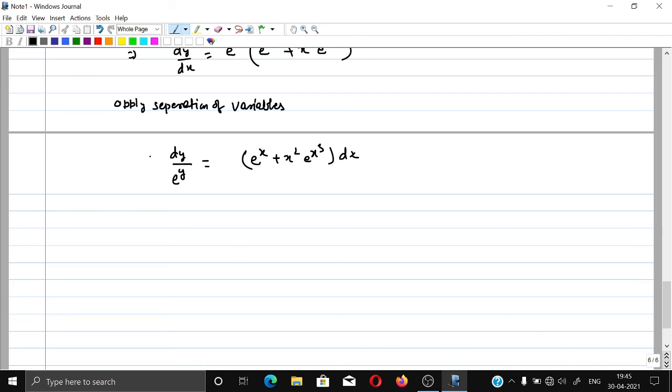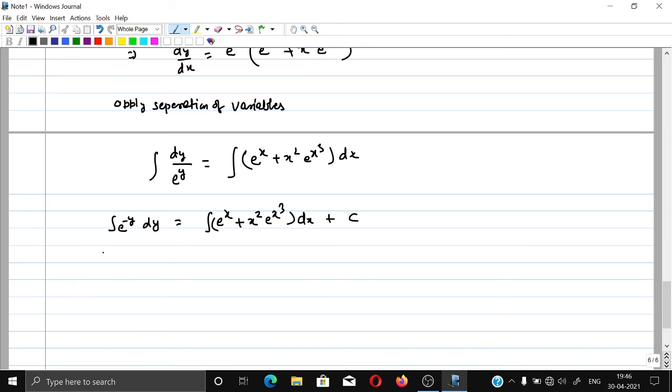Now integrate on both sides. So you will get e^(-y) dy = (e^x + x^2 e^(x^3)) dx, and this is our constant of integration.